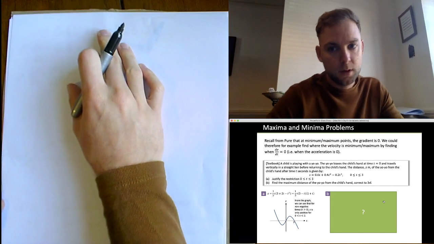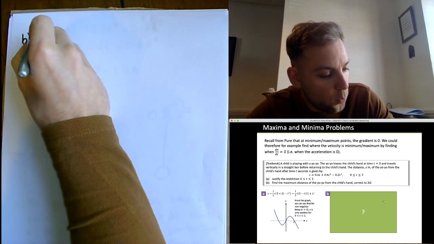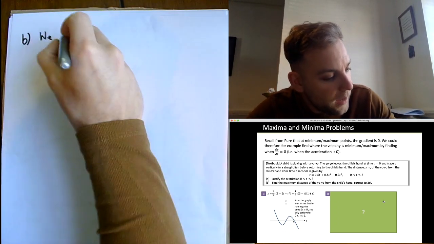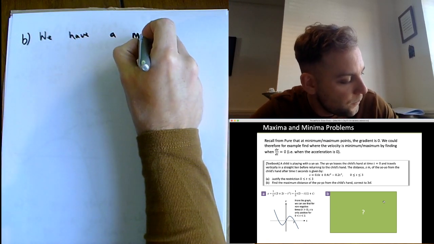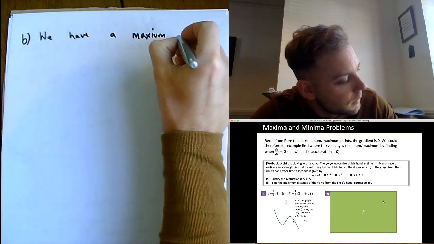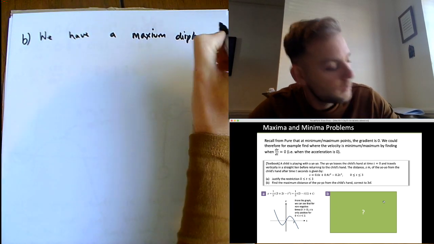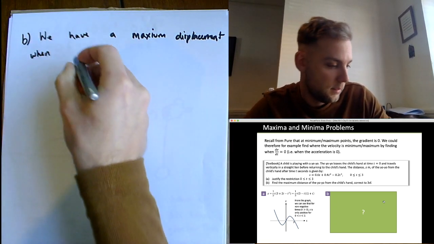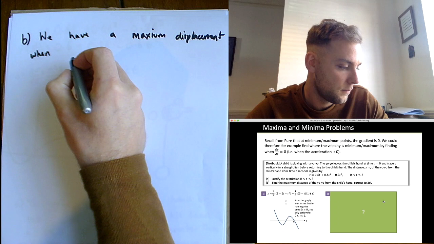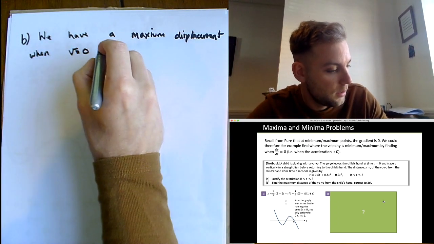So for part B, we have a maximum displacement when the velocity is equal to 0.